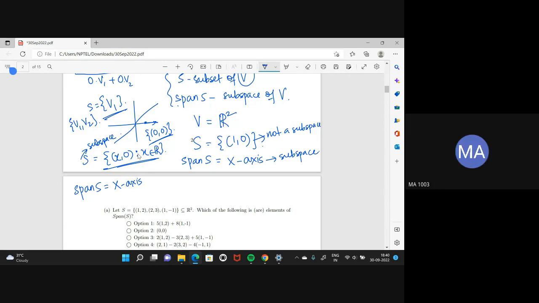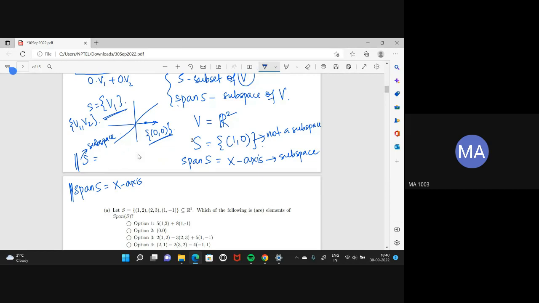Repeat. Which one? This one or this one? The first example or the second example?